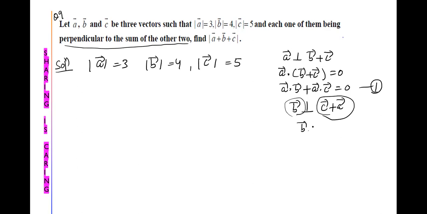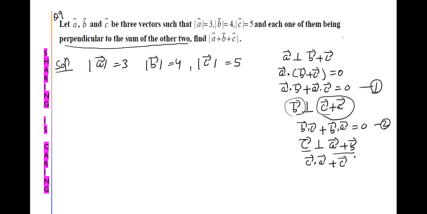So B dot C plus B dot A equals 0, and C vector is perpendicular to A plus B, so the dot product of C and A plus B is 0. So C dot A plus C dot B equals 0. Okay, so we are getting three equations, right?